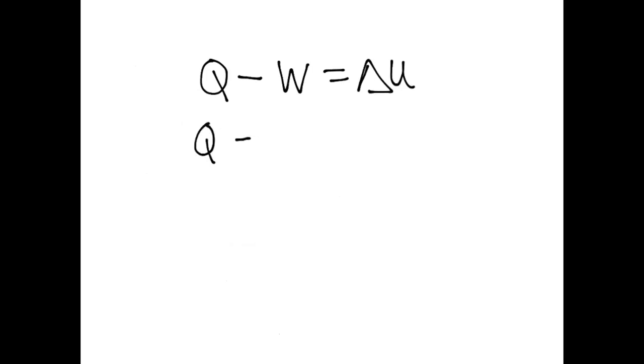In this case the first law is once again Q minus W equals change in internal energy, and the work is P delta V, and here it is relevant to define a new quantity, which is the enthalpy. Enthalpy is a combination of properties.